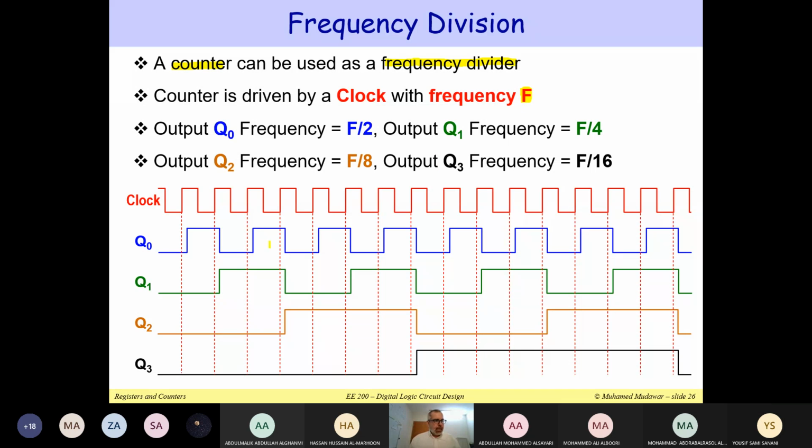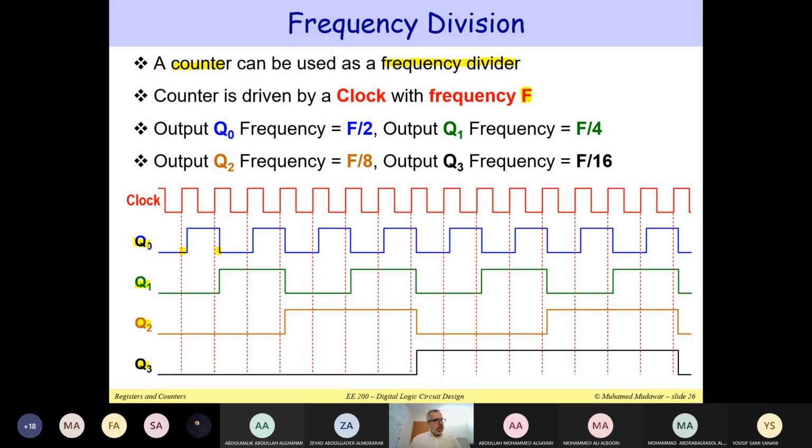How do you do this? Well, look at the outputs of the counter. If I'm using a 4-bit counter, look at the outputs Q0, Q1, Q2, and Q3. They look also like a clock, but they are, of course, delayed by delta. But that's fine. Ignore this delta delay. Look at the shape of the waveform. Notice that the clock goes up and down every cycle.